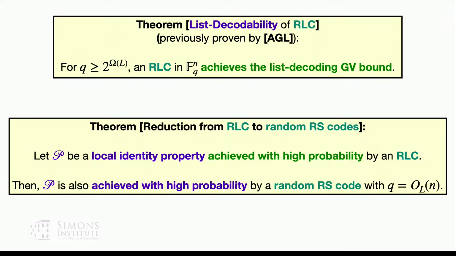Maybe just to give some idea about how much more difficult this is. We know that for list decoding, you really don't care what the field is, you just care about its size. Whereas for list recovery, we know that list recoverability of random linear codes is harder, at least when the field is a power of a small prime.